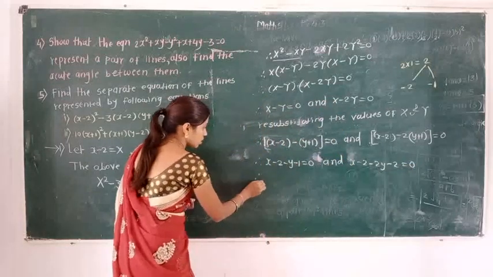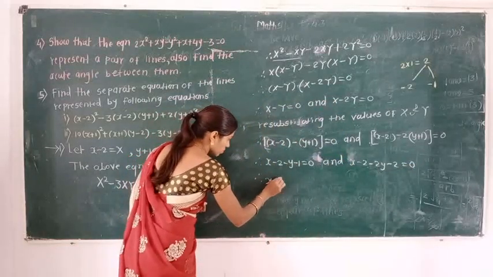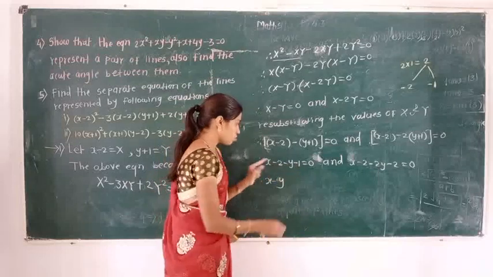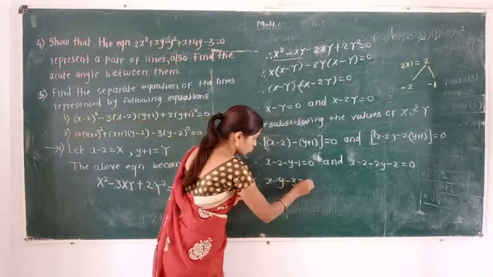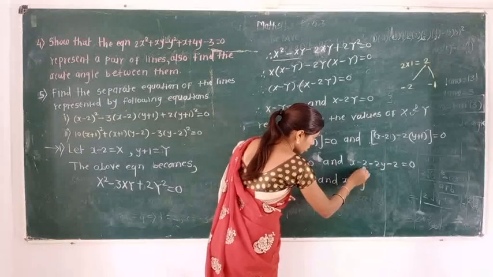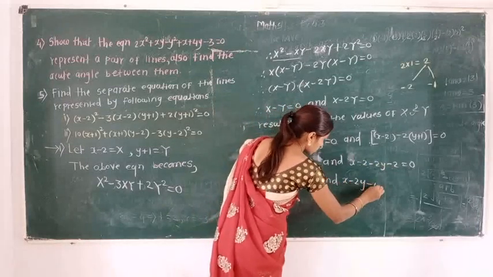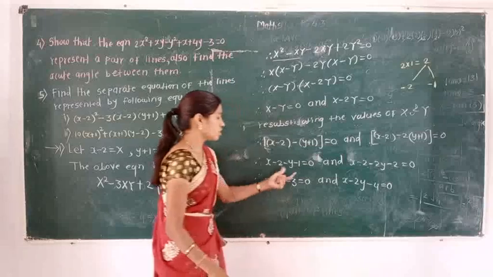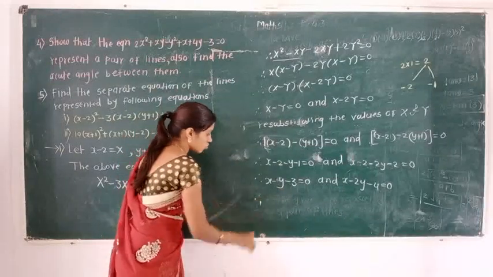That is x minus y minus 2 minus 1 gets minus 3 is equal to 0, and x minus 2y minus 2 minus 2 gets minus 4 is equal to 0, and these two are the separate equations of the given lines.